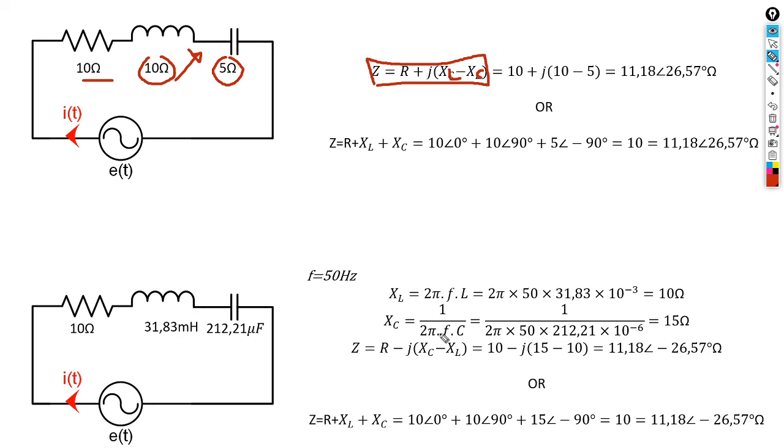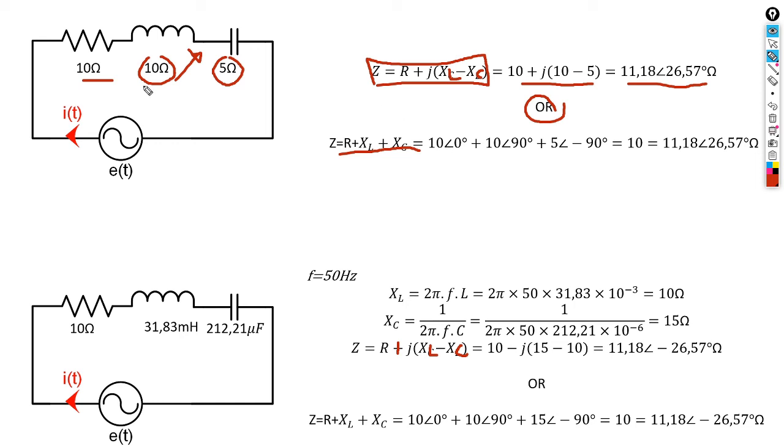And the same is applied here. It's going to be positive, XL minus XC. This is in polar form, that is in rectangular form, or you can deal with them as pure components. Because they're in series, they must add to each other.